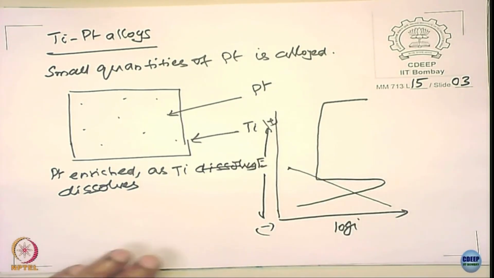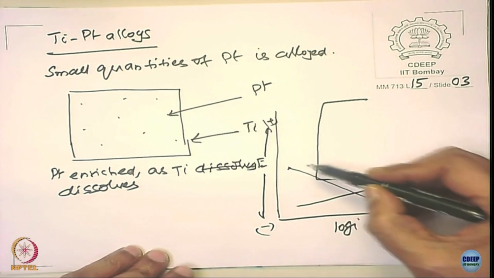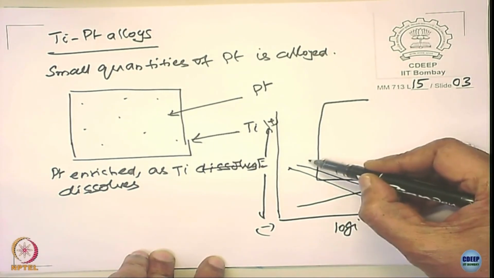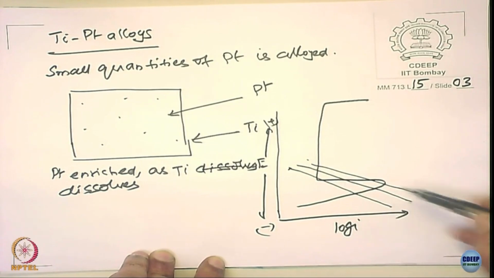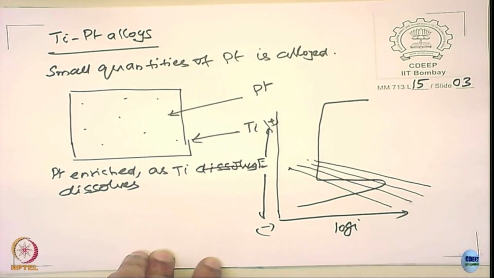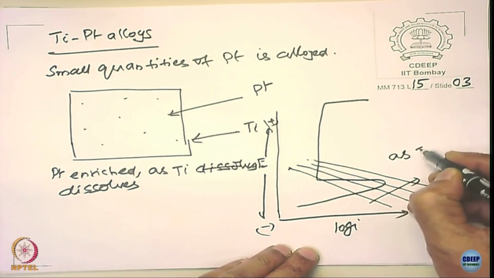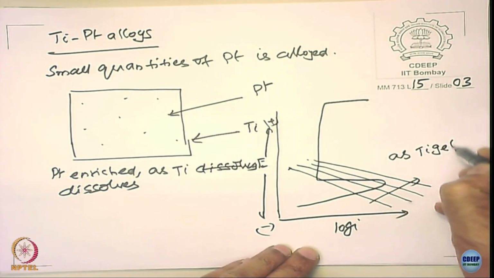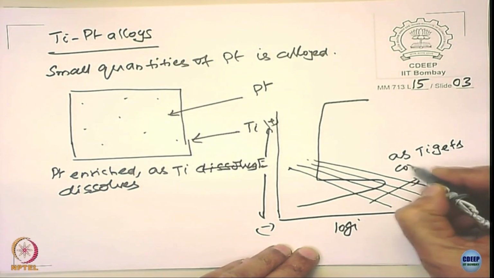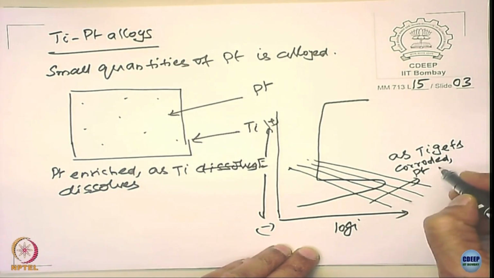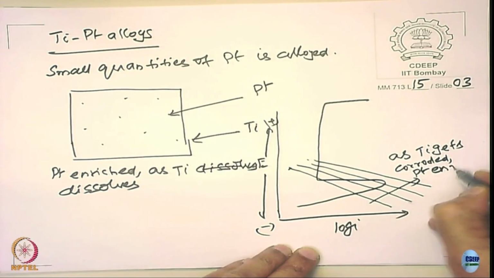Now, as the platinum gets enriched, what will happen to this line? This line will start to move as titanium gets corroded and platinum gets enriched.